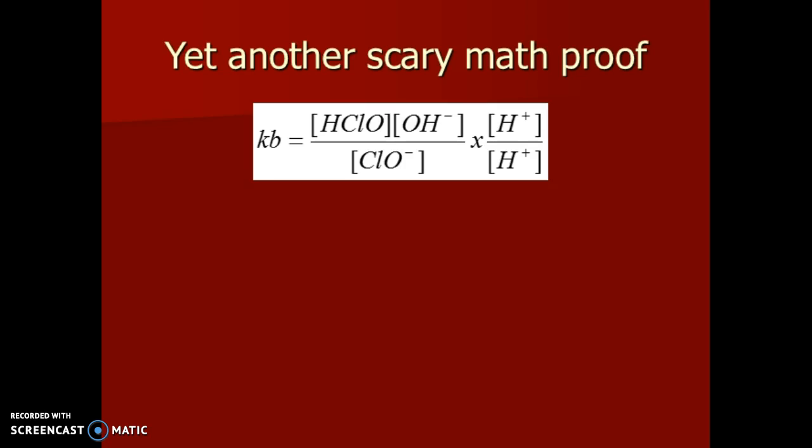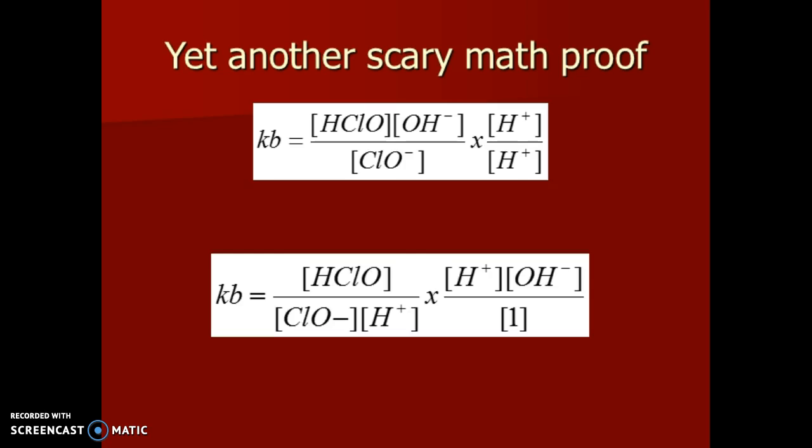I'm going to multiply that times essentially 1, hydrogen ion divided by hydrogen ion. Now I want to rearrange this equation just a little bit for convenience. So I'm going to shove the hydroxide ion from the numerator over, and then the hydrogen ion from the denominator to the left-hand side. And it rearranges things a little bit conveniently.